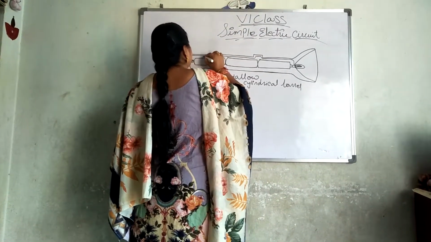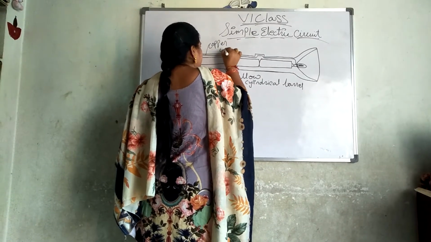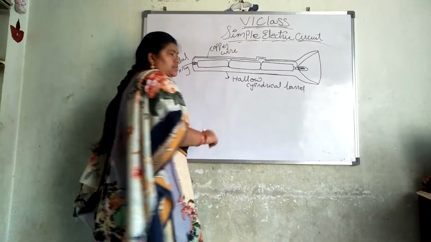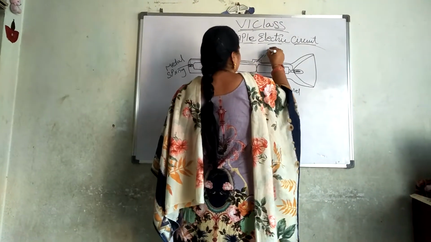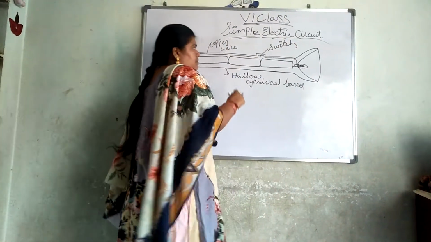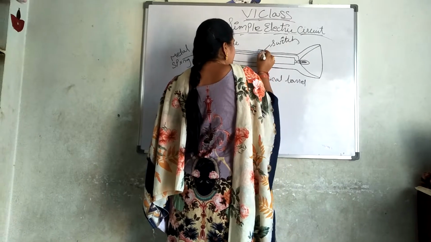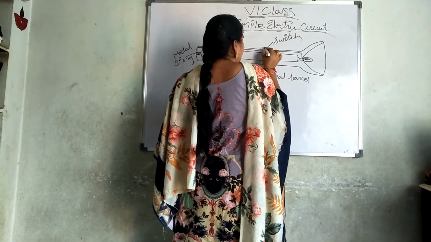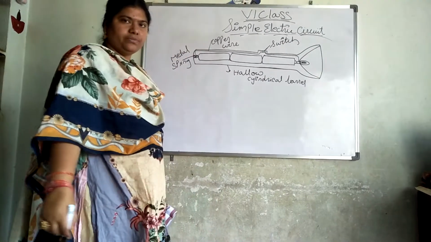This is called copper wire, and it has a switch to turn the torchlight on and off. Sorry, not the inside one, this is the copper wire. Now coming to this outside part, this is called a switch.